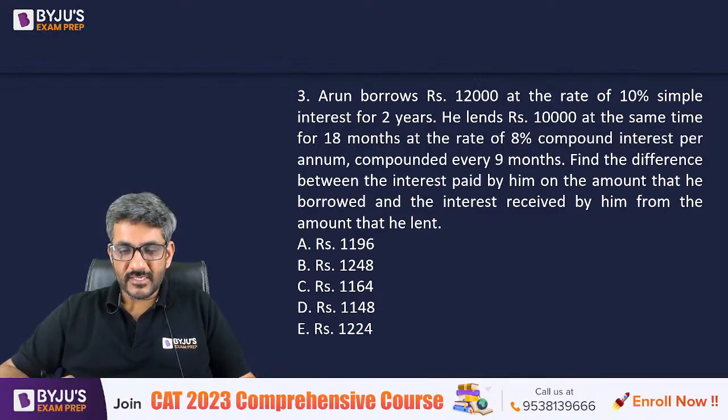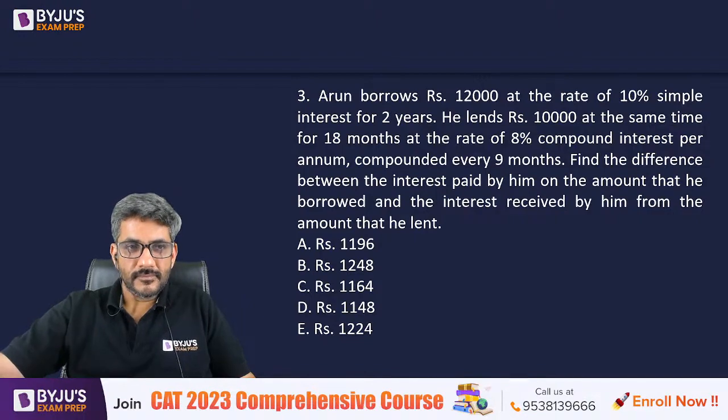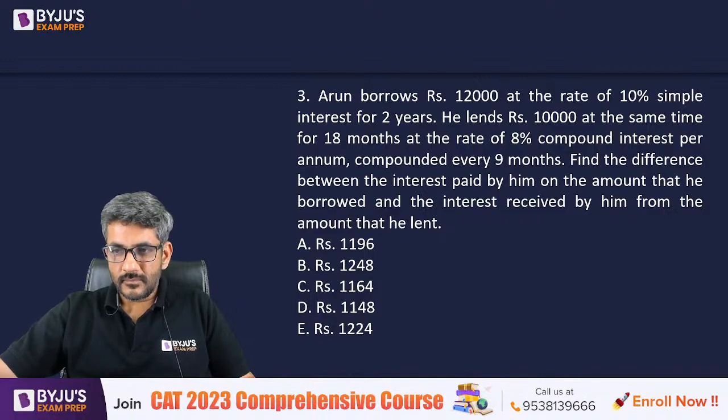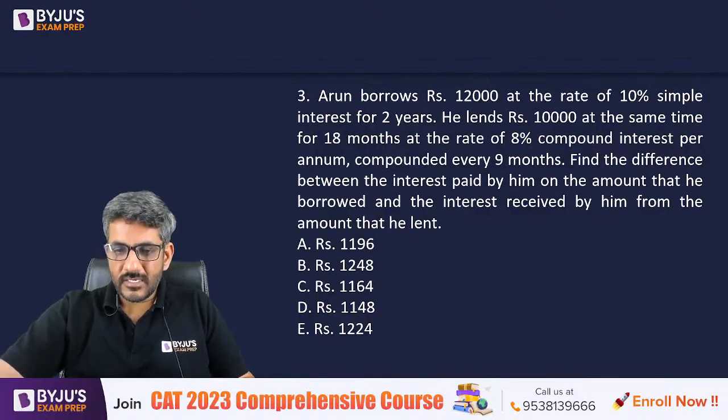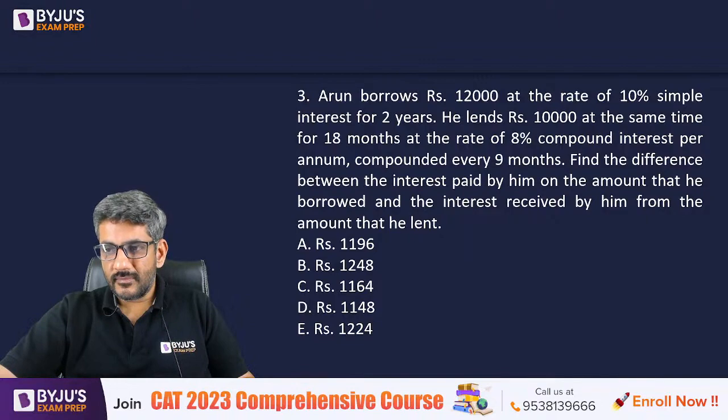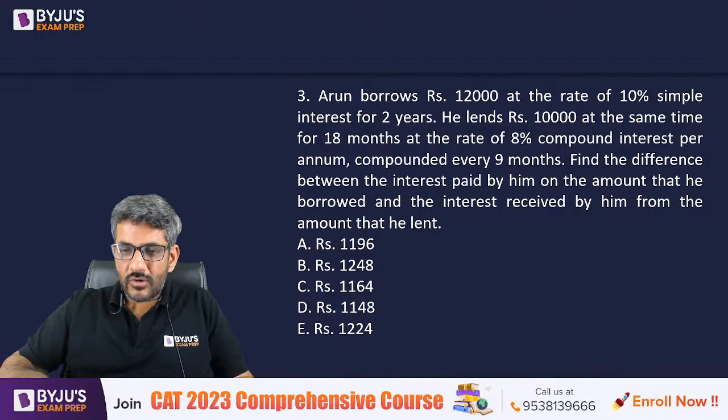Even Rohit has deleted his answer. Sahil Mahajan has got C. Okay. Omkar got B. Yash got B. Sonu Kumar has got C.